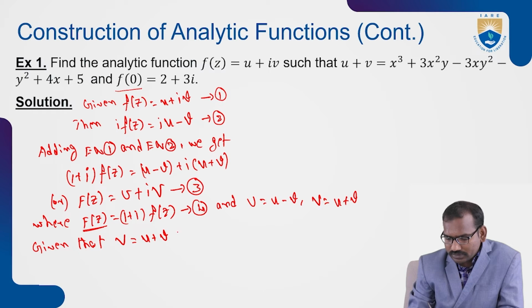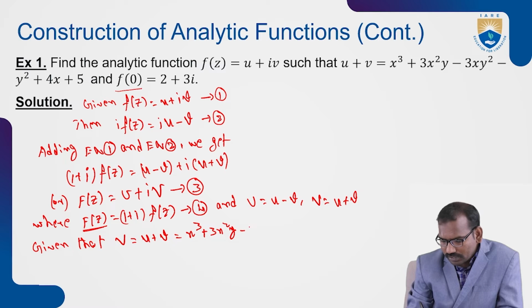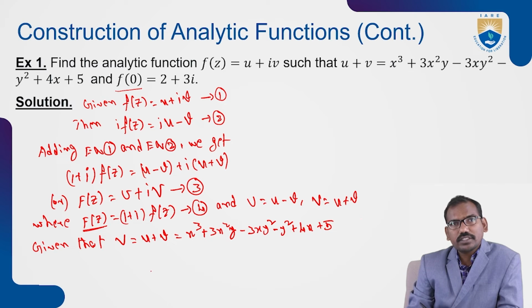The expression is x cube plus 3x square y minus 3x y square minus y square plus 4x plus 5. This one is given.